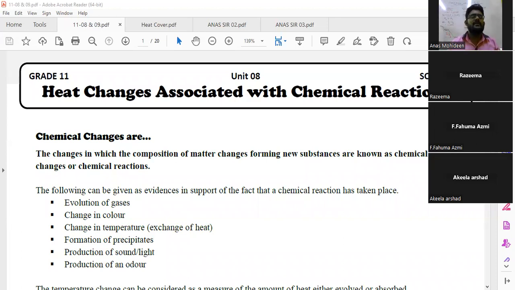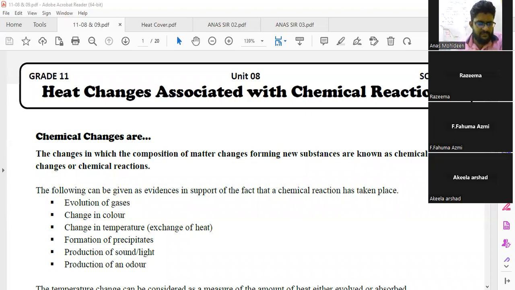Exothermic: the reactions which release heat, or else we use the word liberate also.